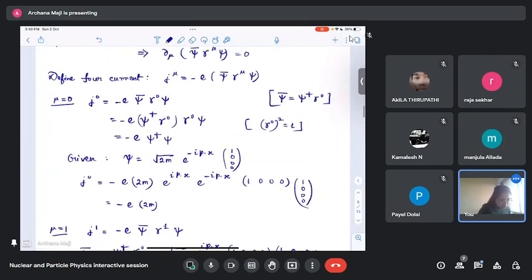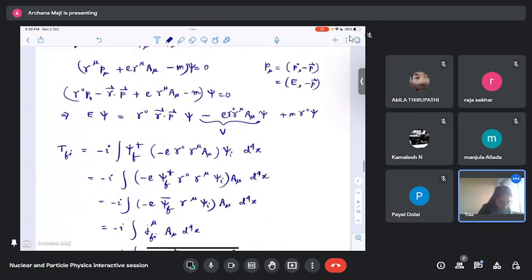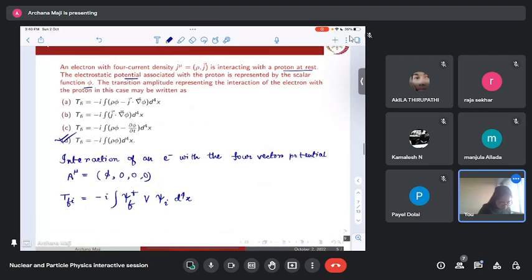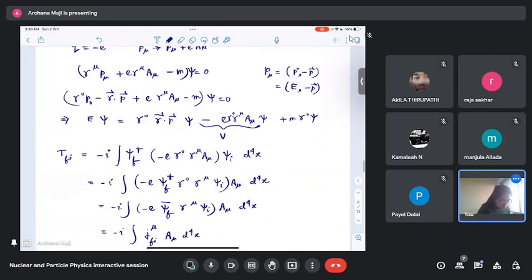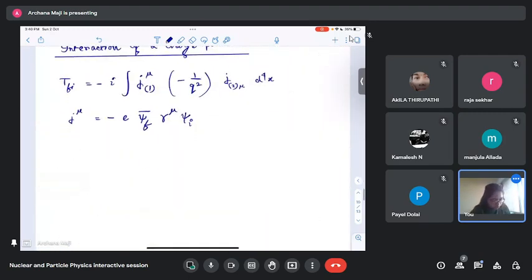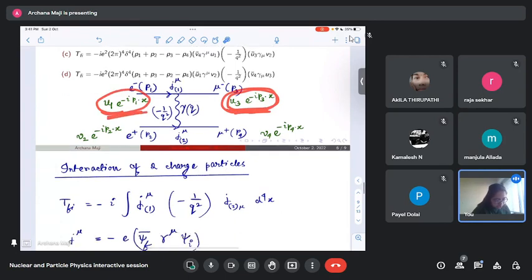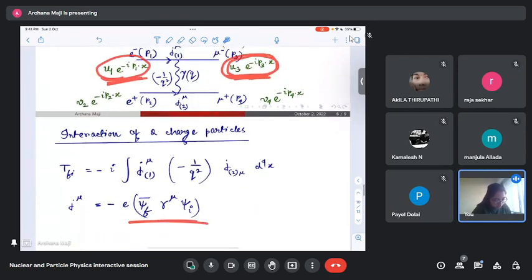So there is the initial wave function and the final wave function. These two have to be substituted in this formula to get the current.